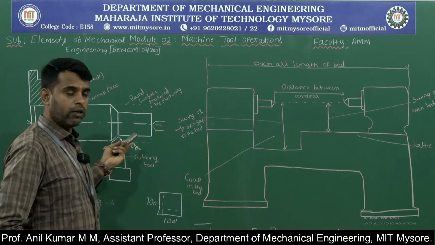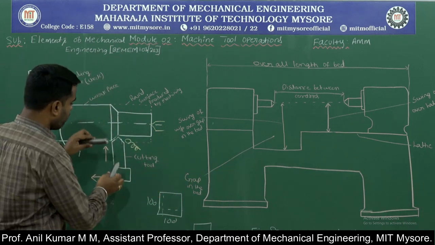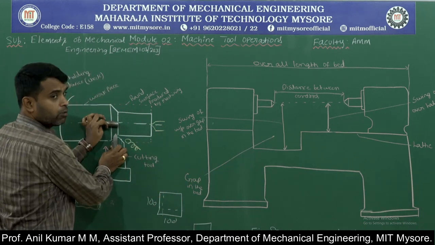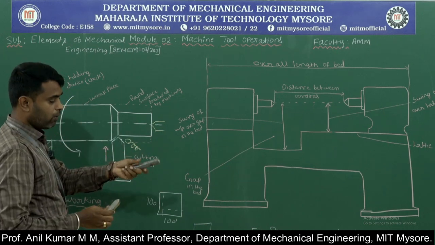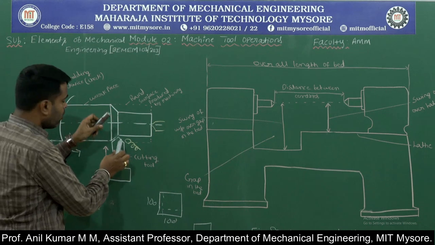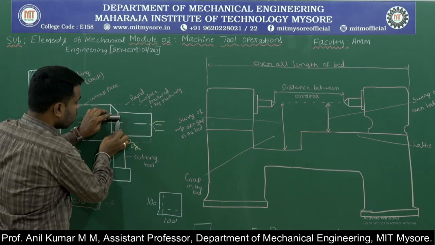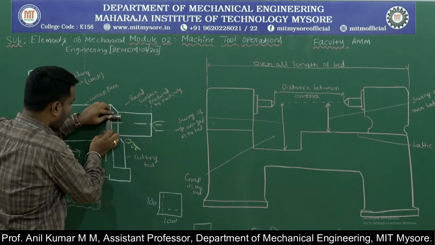During machining, the workpiece rotates at very high speed while the cutting tool is stationary. We feed the stationary tool against the rotating workpiece and move it parallel.